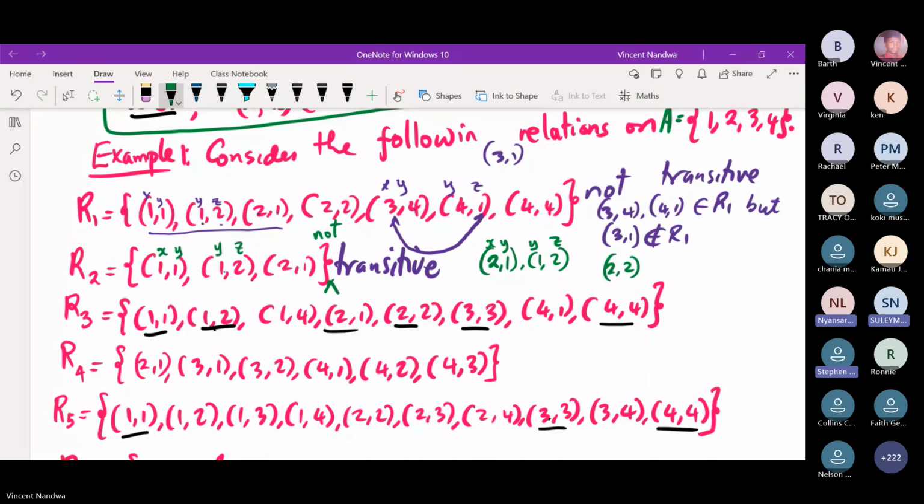Rearranging these elements doesn't change the structure of R2, but 2, 1 and 1, 2 obey X, Y and Y, Z, so the X, Z element 2, 2 should be within this relation.